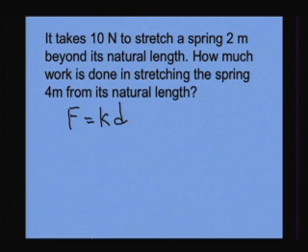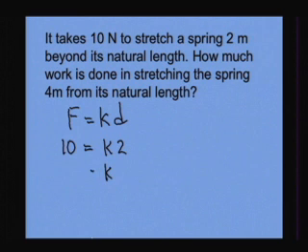And what we're told is that it takes 10 newtons to stretch it a distance of 2 meters. And that means k is equal to 5. And what that tells me is my equation is F equals 5 times d.